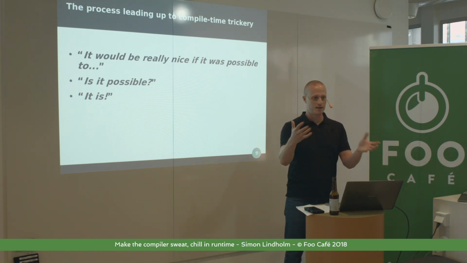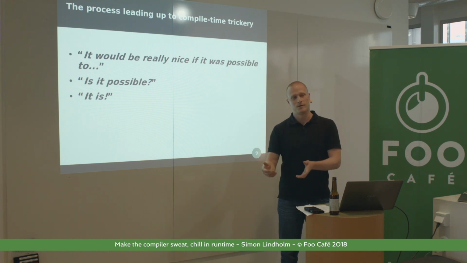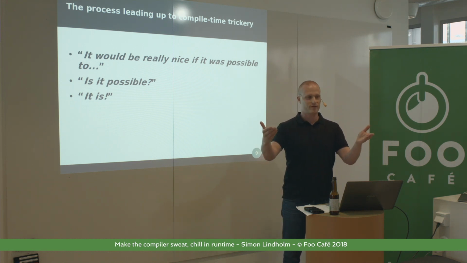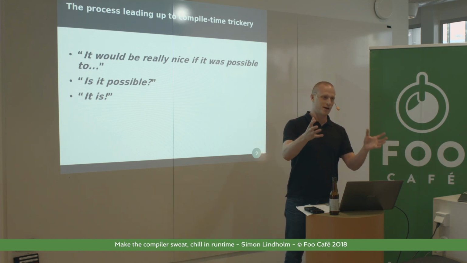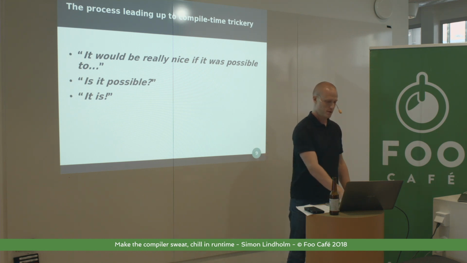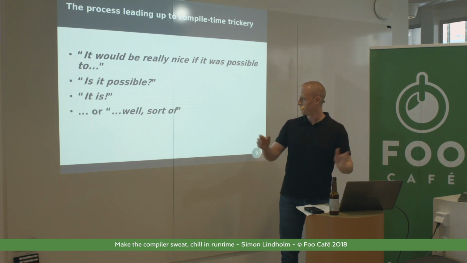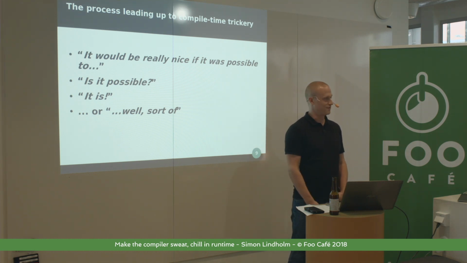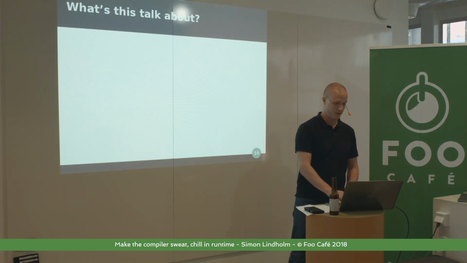And you start investigating, could it be done? And then often you actually can, even if it's something that seems outlandish when you start out, typically in the end you can make it work, at least sort of. So that's the general process of coming up with stuff, I think.